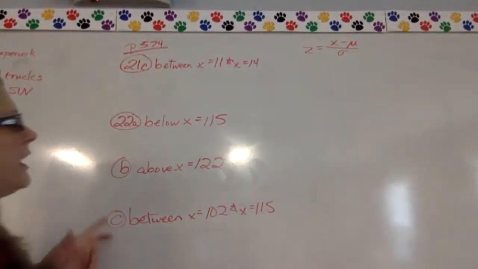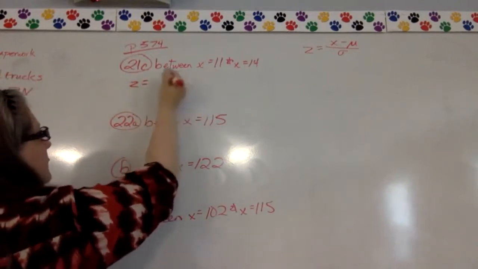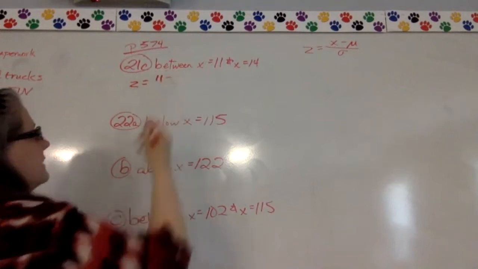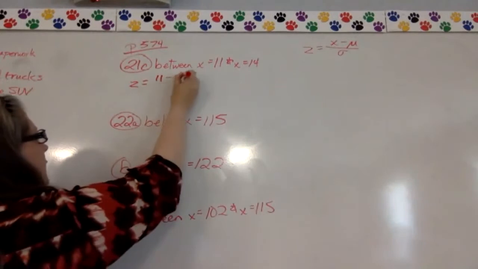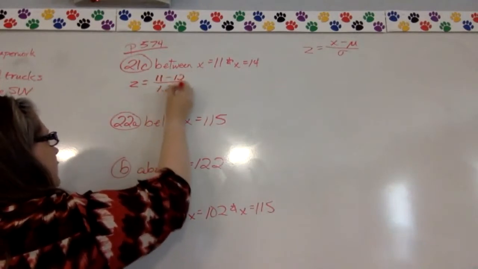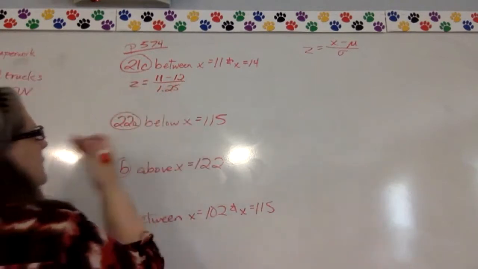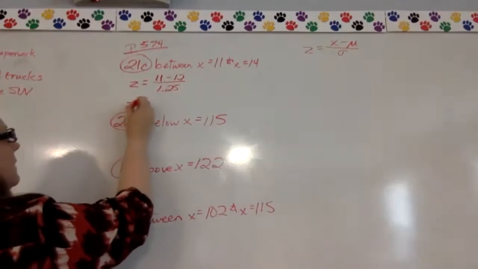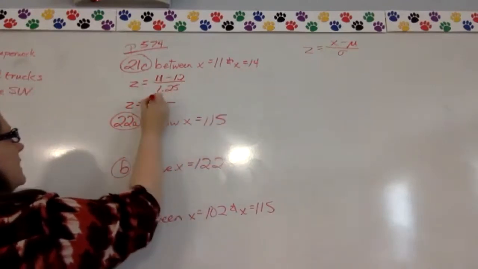So we're plugging them into the formula. z equals x minus the mu, which it told you at the top of the problem, the average, was 12, over the standard deviation, the sigma, which was 1.25. That's my first one, and then my second one will be the exact same thing, except instead of 11, I'm going to have 14.